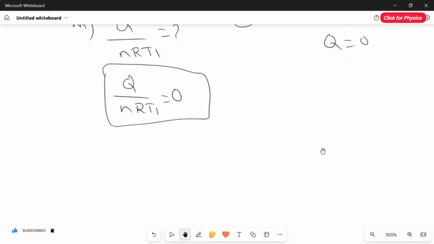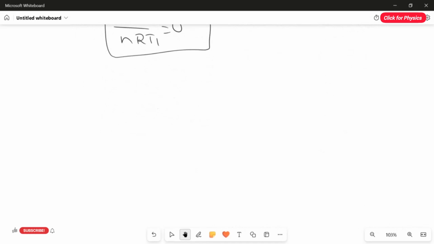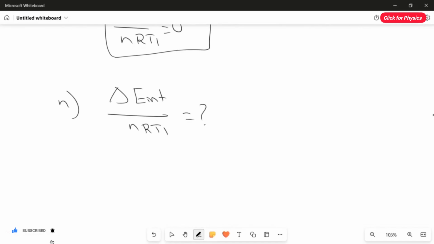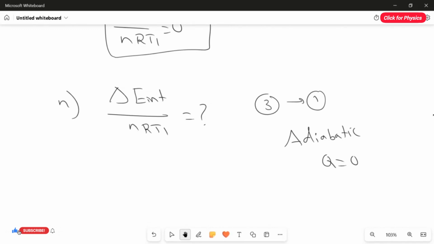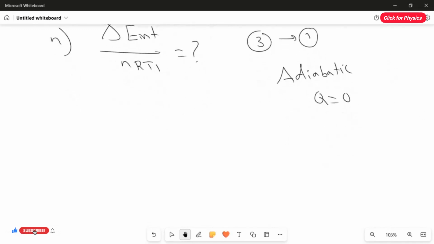Now we have to come to part N. In part N, we are going to find the change in internal energy over nRT1. We have to find it for the path 3 to 1, which refers to adiabatic. What is adiabatic? Q equal to 0. So let's take the first law of thermodynamics.